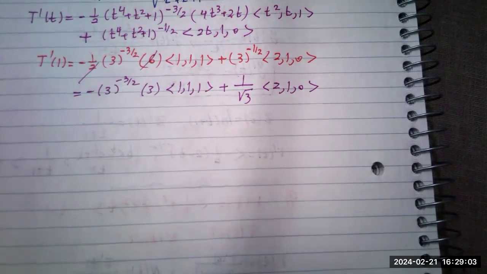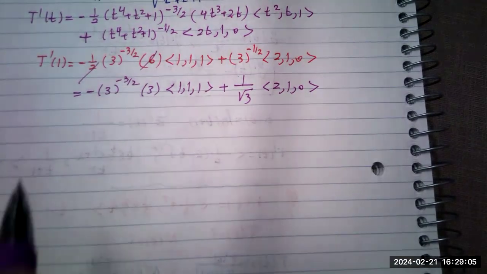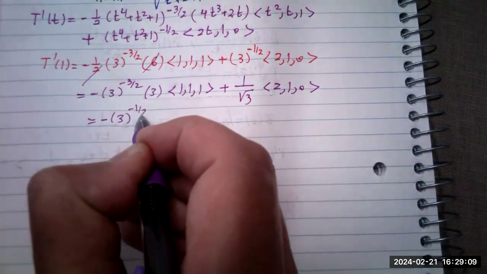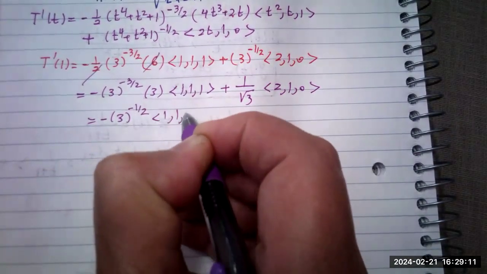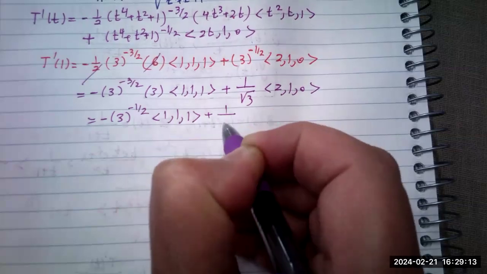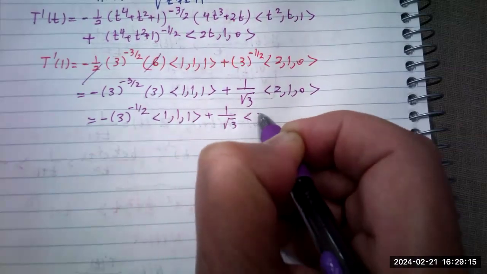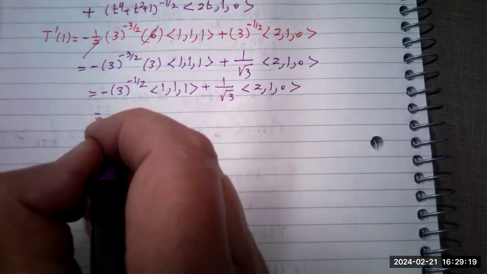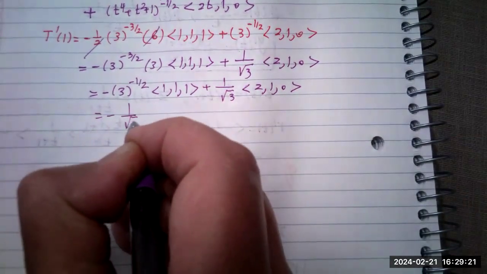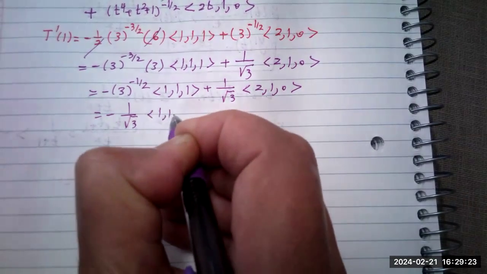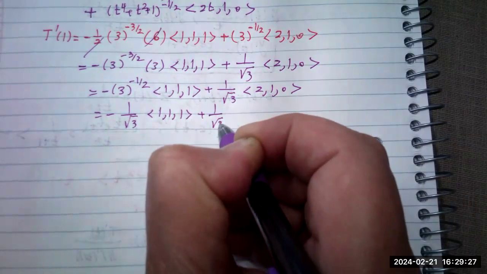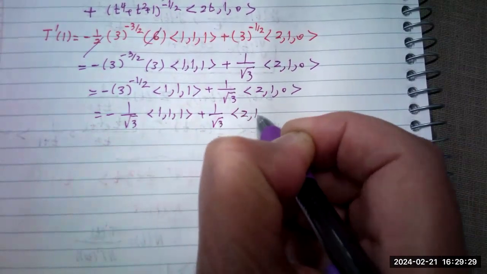Negative 1.5 plus 1 will be negative half. So that gives me negative 3 to the negative half times 1, 1, 1, plus 1 over radical 3 times 2, 1, 0. So that would be negative 1 over radical 3 times 1, 1, 1, and plus 1 over radical 3 times 2, 1, 0.